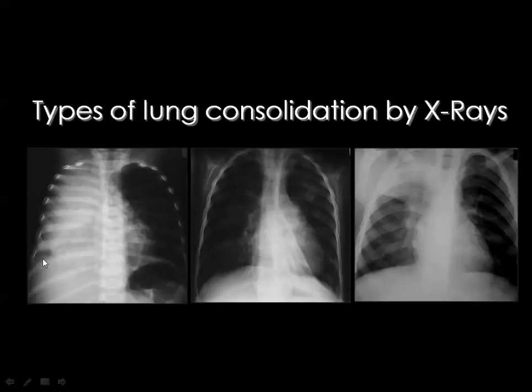You see that the costophrenic angle is more or less patent, denoting absence of associated pleural effusion. And in this example, which is very commonly seen in the exams, there is a consolidation collapse of the left lower lung lobe, which is seen usually behind the cardiac shadow containing air bronchogram as well.